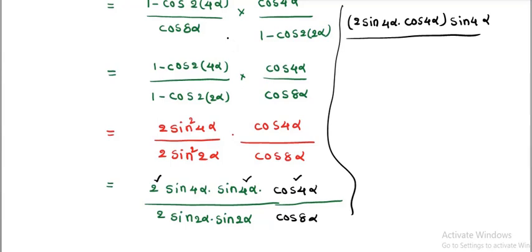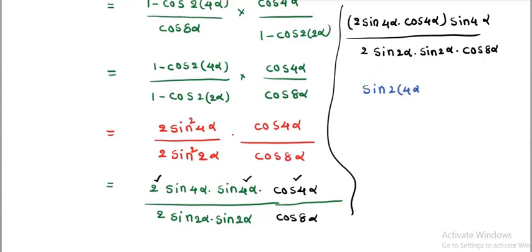So next line: 2 sin 2 alpha sin 2 alpha into cos 8 alpha. What is the formula? Two angles are same, 2 sin A cos A forms sin 2A.